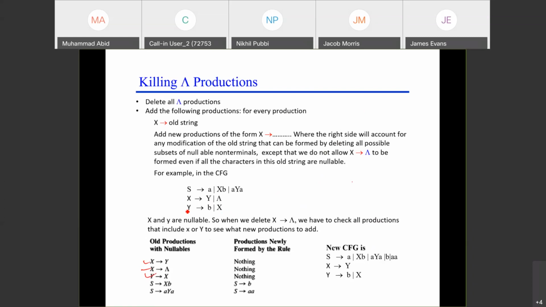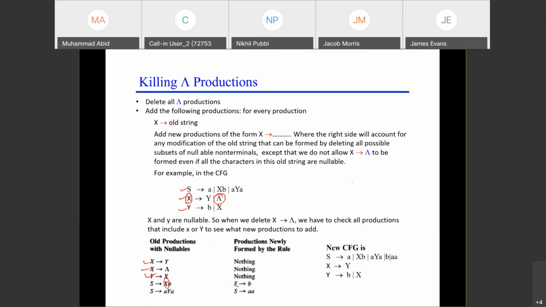So now we check these two production rules. Now we check S. This is just a non-terminal, so we don't need to check that. We need to check these two. If S can be replaced by XB, and X can be replaced by lambda, then if you replace this X with lambda, you can generate the word S can be replaced by B. So it means that when the lambda production rule is there, you can generate this word B. If you remove this lambda from the grammar, you will no longer be able to generate this word.